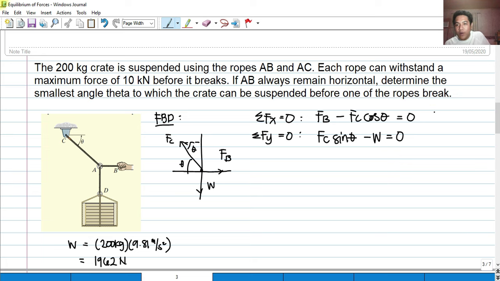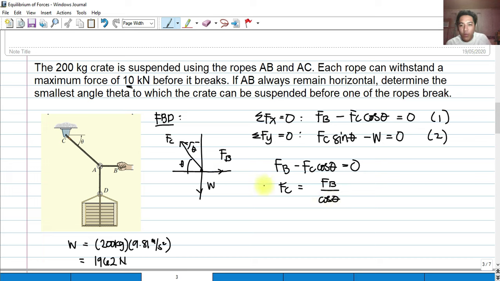So how do we find the angle? Of course, from our first equation and second equation, we can solve for the angle. We don't know the tensions, but we can use this 10 kilonewtons. So first, how do we get theta? If we observe our first equation, we can rewrite it in terms of F sub C. That would be F sub B over cosine theta.